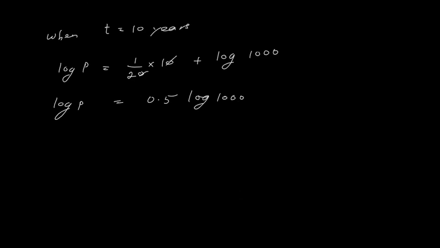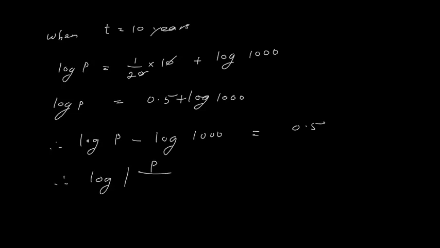We can bring this log 1000 towards the left. Here we have a plus sign. So we have log P minus log 1000 is equal to 0.5. Therefore log of P divided by 1000 is equal to 0.5. Therefore P upon 1000 is equal to e power 0.5.